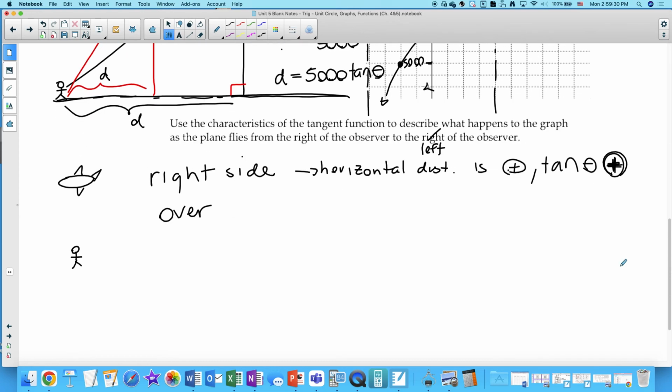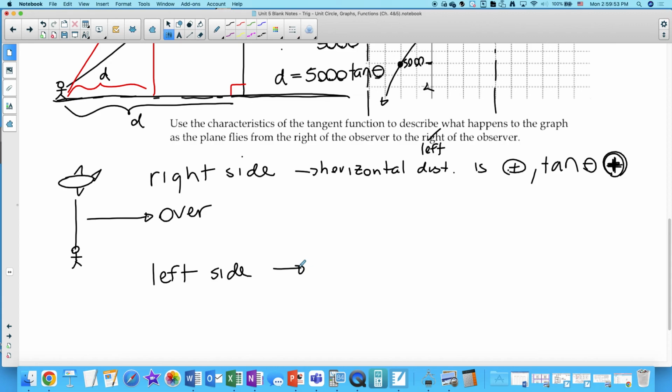If it's on the left side, then the horizontal distance will now be negative because we have to use the observer as sort of like an origin, right? If we want to quantify horizontally how far the plane is on one side of the observer to the other, think of it like a vector.